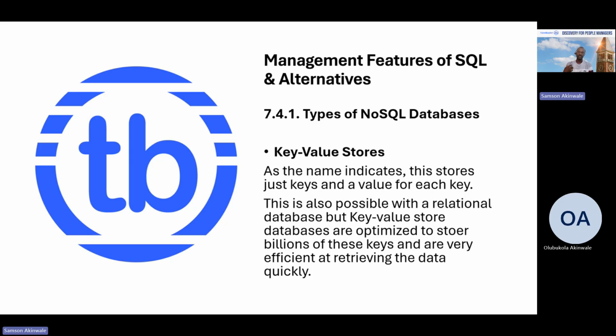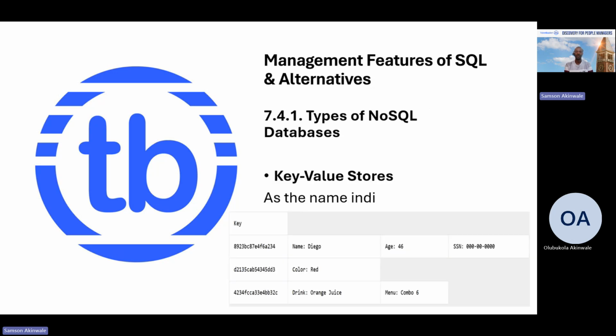So it concerns itself primarily with the key value, and it can store as much as possible of this key value. Of course, relational database can also store key values as it were, but the optimization capacity this particular key value store database has is what relational database cannot cope with.